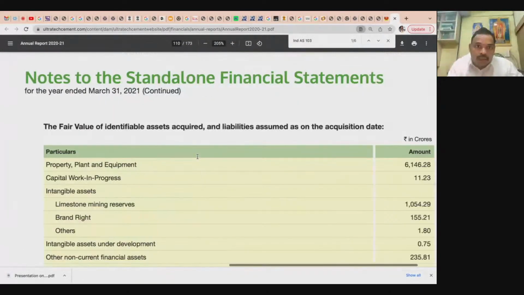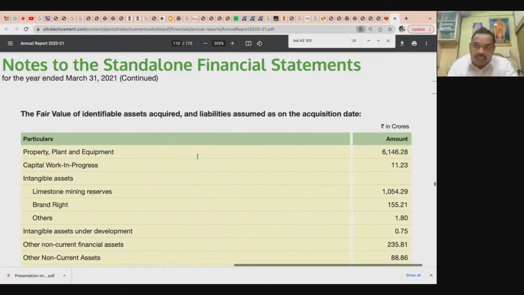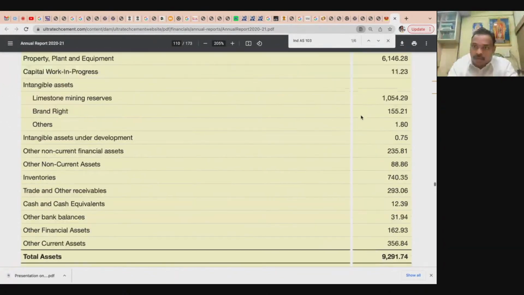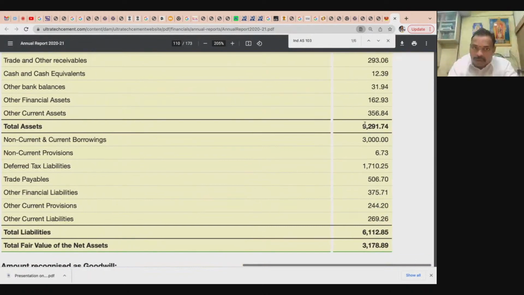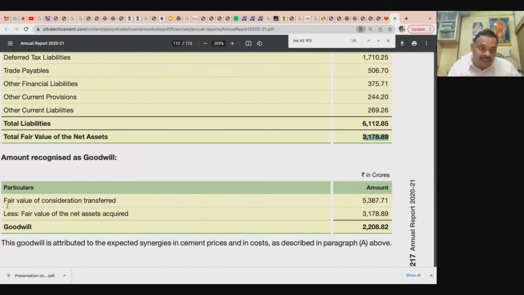Look at this. The fair value of the identifiable assets is 9,000 crores, liabilities 6,000 crores. Net fair value is 3,000 crores. Now, this 3,178.89 crores, the consideration transferred is 5,000 crores.